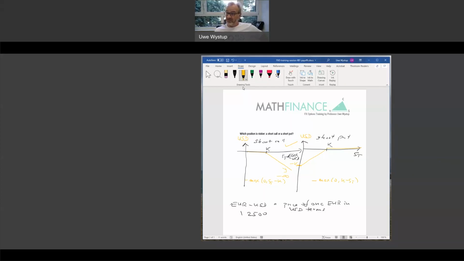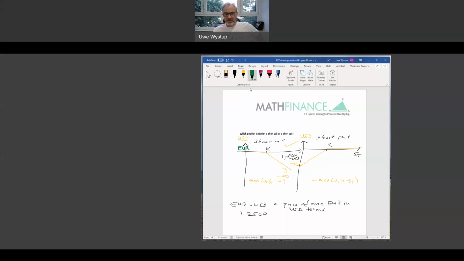Now the question is, how does everything look in euro terms? The perfectly normal thing to do for most euro-based banks is to ask what's your P&L in euros. This is not an uncommon or artificial thing to do. This is very normal. So if you replace dollar by euro, then we get a different type of payoff.